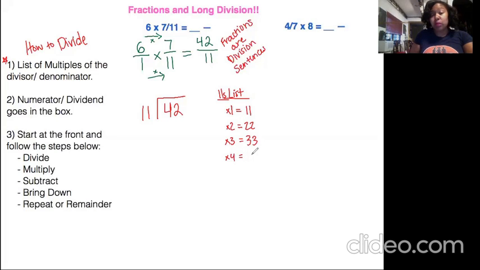Now, if you have a multiplication table, you already have this list, right? You don't actually need to write one. But if you don't, I would write one because it's really helpful. Times 6, 66, times 7, 77, times 8, 88, times 9, 99.